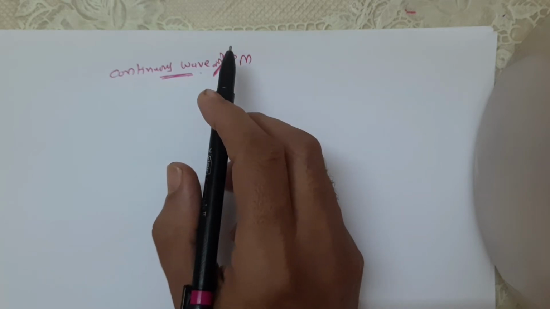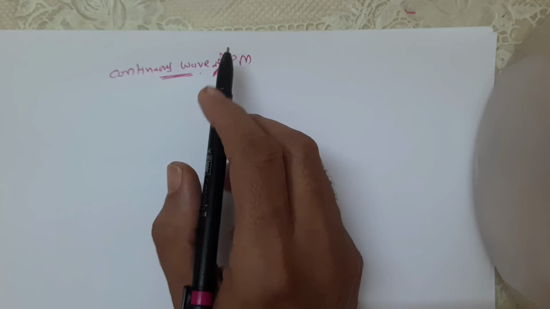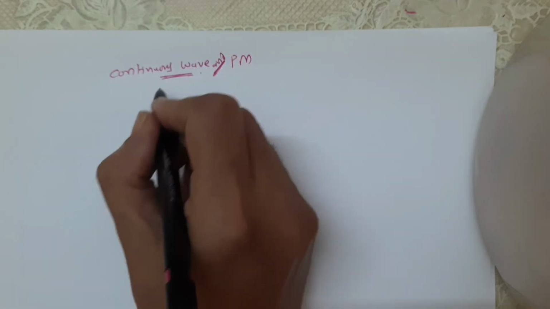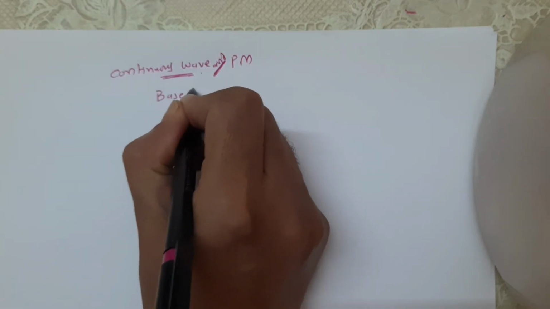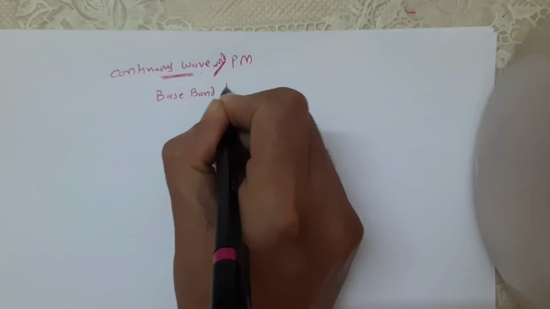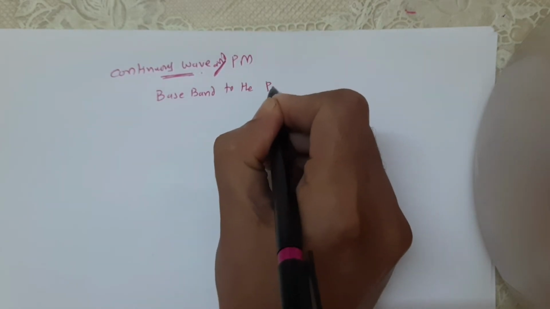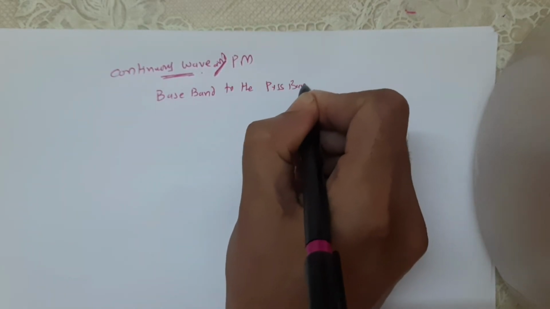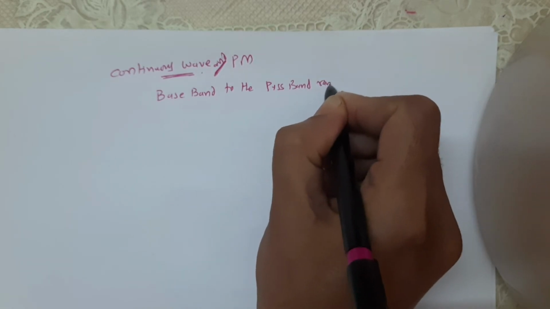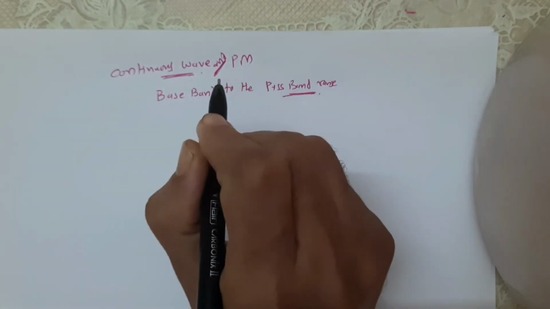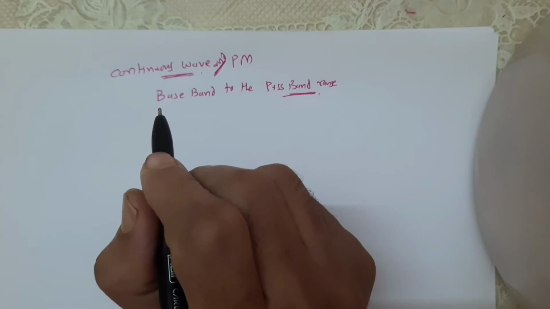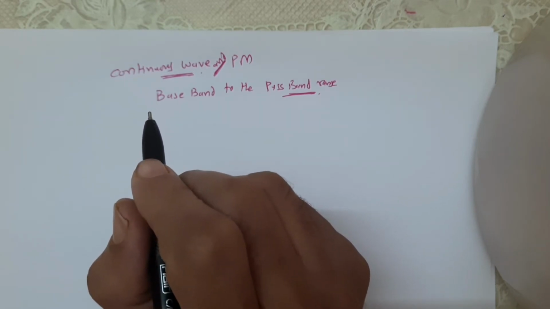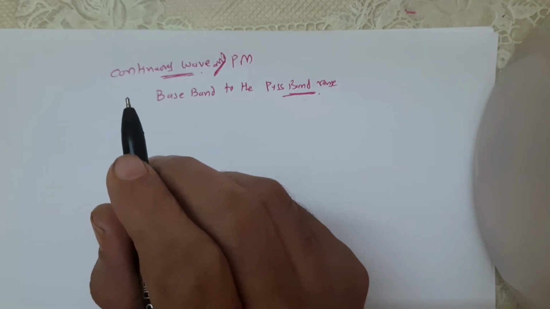Continuous wave modulation translates the message from baseband to the passband range and helps in transmitting it for a longer distance, as described in the earlier chapter.